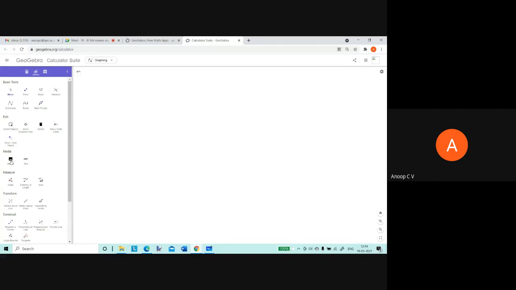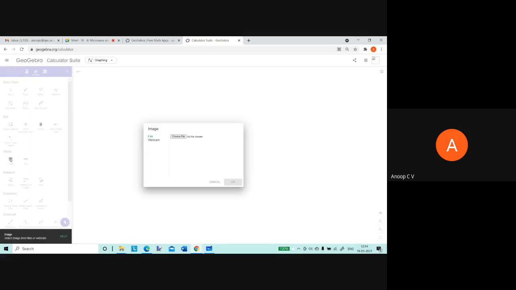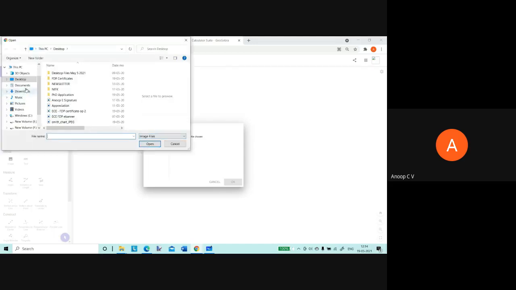If you click image, you can directly capture an image from the webcam, or you can choose a file. I have saved my Smith chart JPEG on the desktop, so I'll select that.